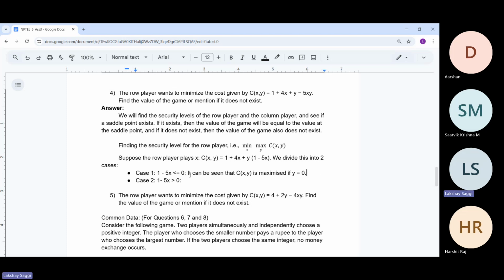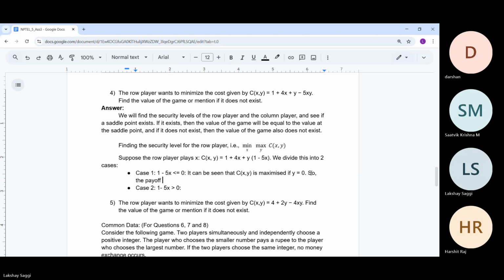Yeah. So here, the payoff c(x, y) essentially boils down to this. The payoff for the row player here is equal to c of x comma 0, which will be equal to 1 plus 4x, right?